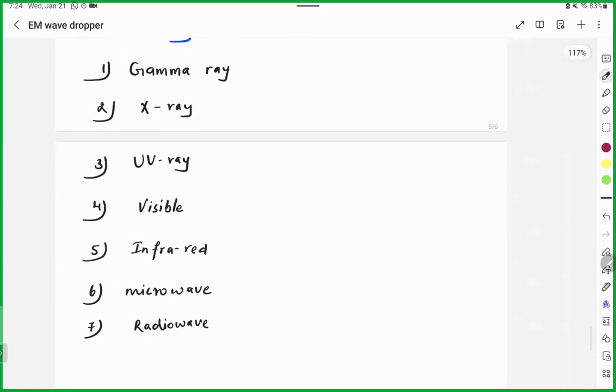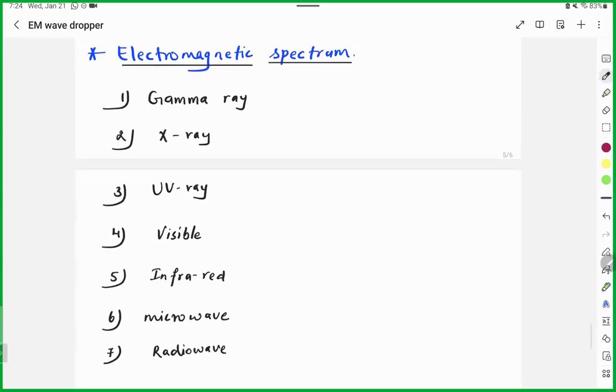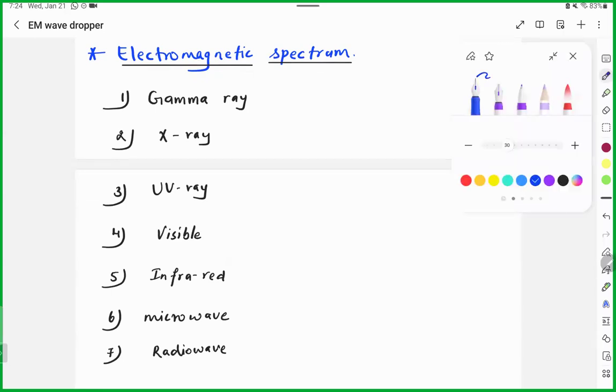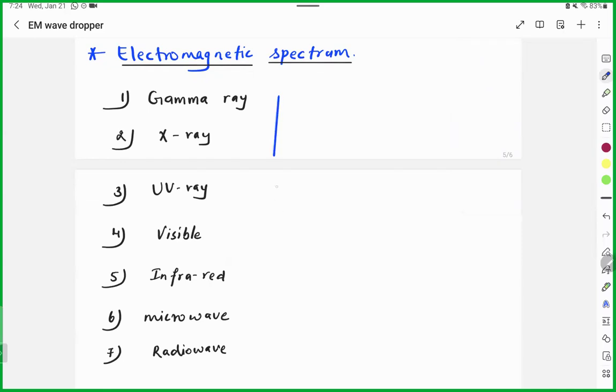Any doubt, guys? So these are the total seven radiations in the electromagnetic spectrum. We arrange this in the order of frequency. If you go down the group, frequency will decrease. It means gamma rays have maximum frequency and radio waves have minimum frequency.